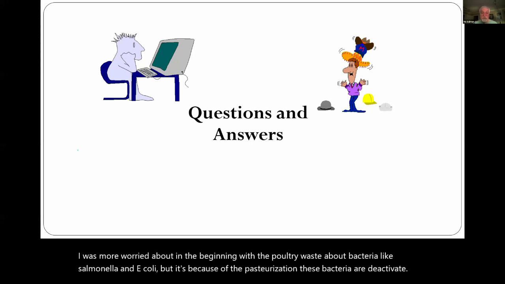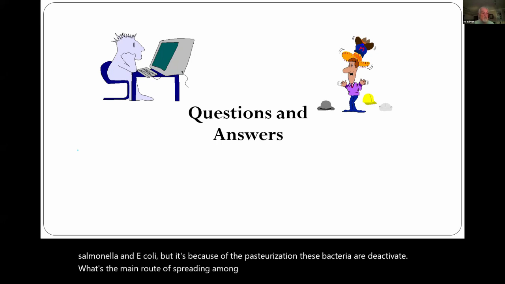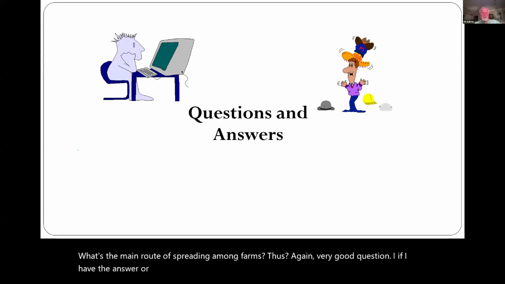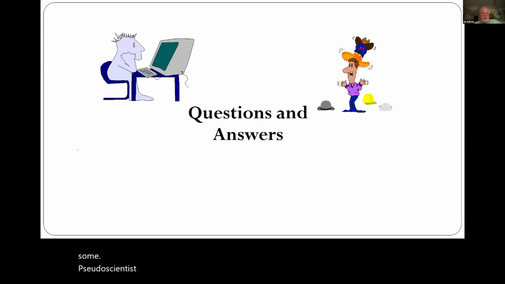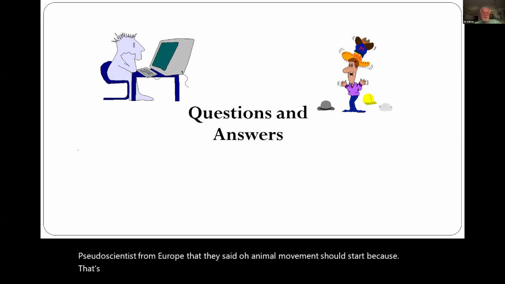What's the main route of spreading among farms? That's again a very good question. If I had the precise answer, I think the entire U.S. dairy industry would be very happy with me. We don't know. In the beginning, some pseudoscientists from Europe said animal movement should stop, because that's how the virus is spread.